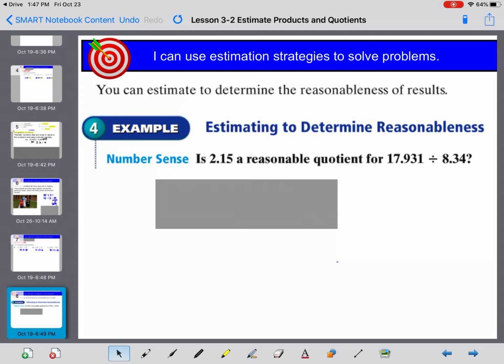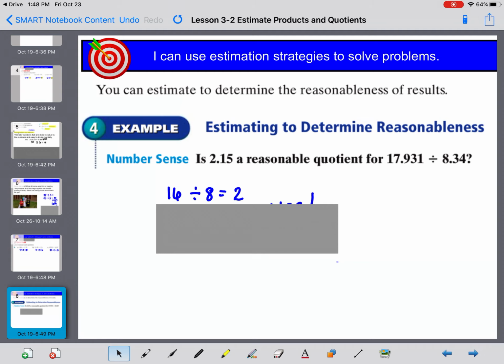You can estimate to determine the reasonableness of results. For example, is 2 and 15 hundredths a reasonable quotient for 17 and 931 thousandths divided by 8 and 34 hundredths? Well, you can figure that out by using compatible numbers. Instead of 17 and 931 thousandths, I chose the number 16 because it's easy to divide by 8, and I get 2.